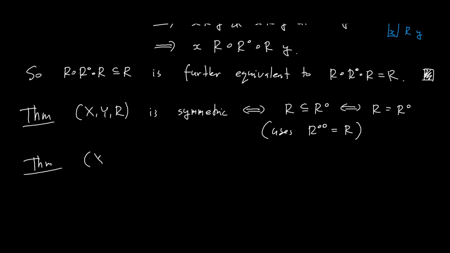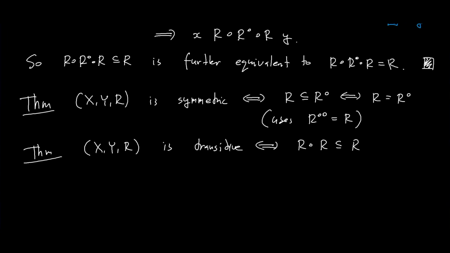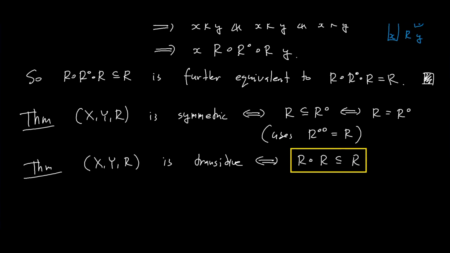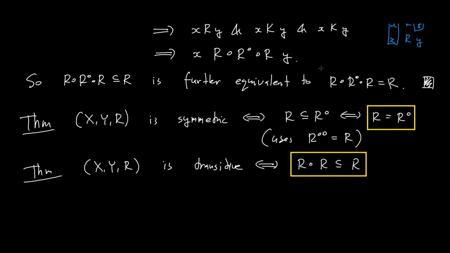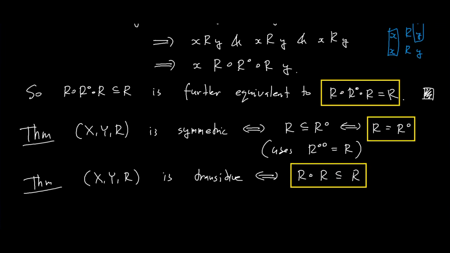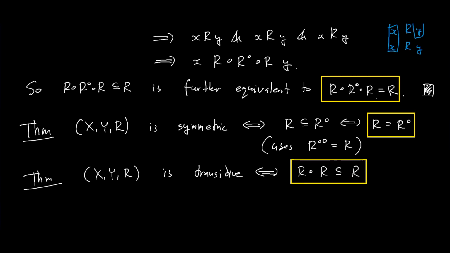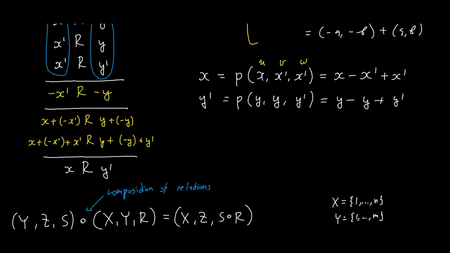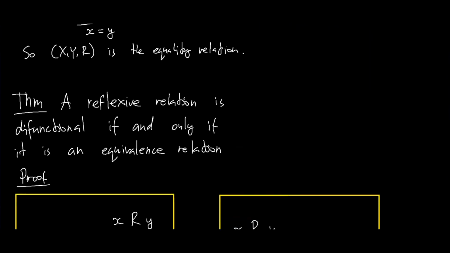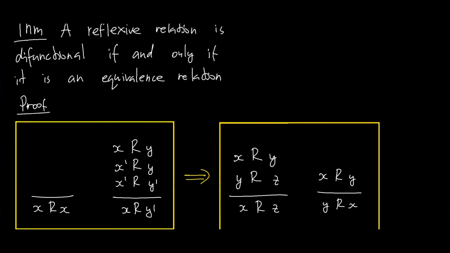And then also transitivity can be expressed in this way. That will be that R composed with R is a subset of R. And then one can develop this language a bit further and just use these ways of thinking about these properties and prove in a more algebraic way by relating these properties with each other, reprove the result we had before, that reflexive relation is difunctional if and only if it's an equivalence relation.